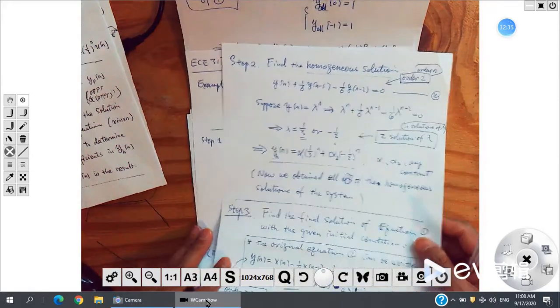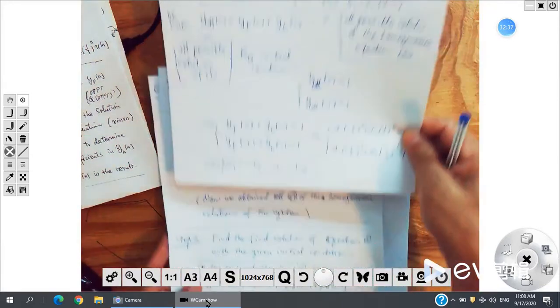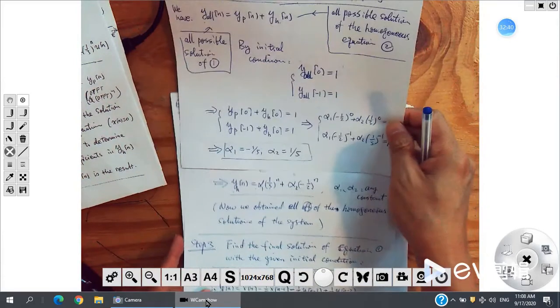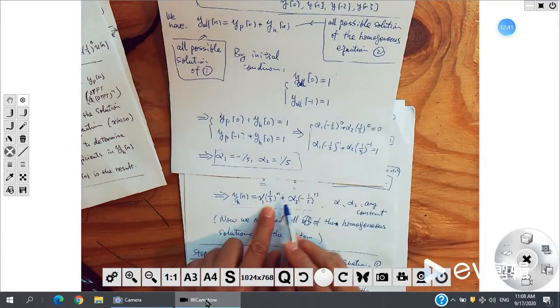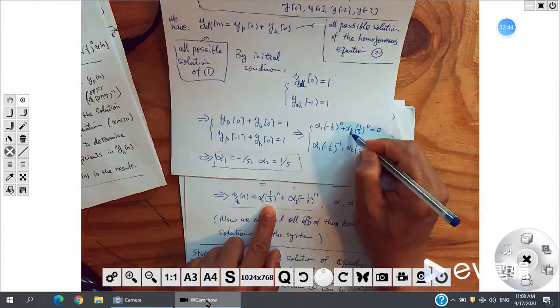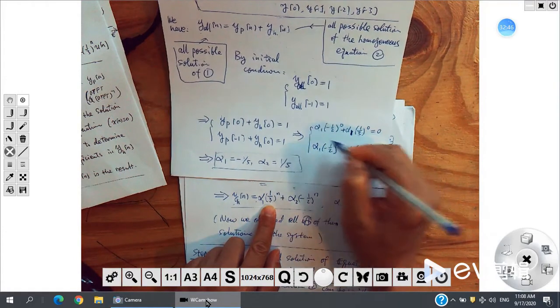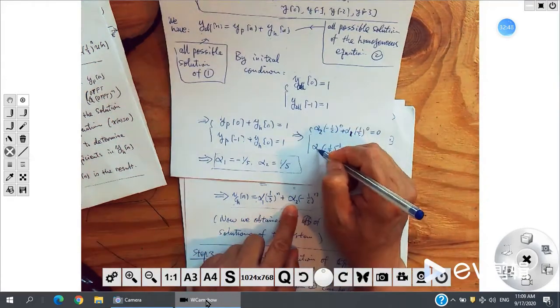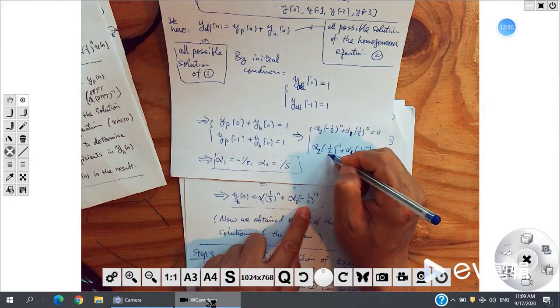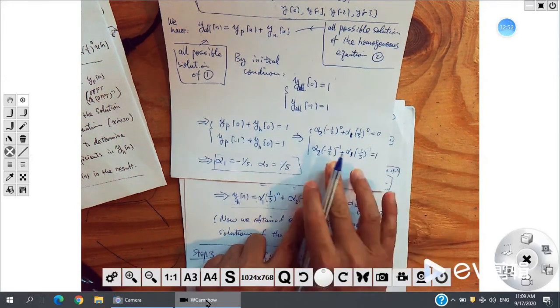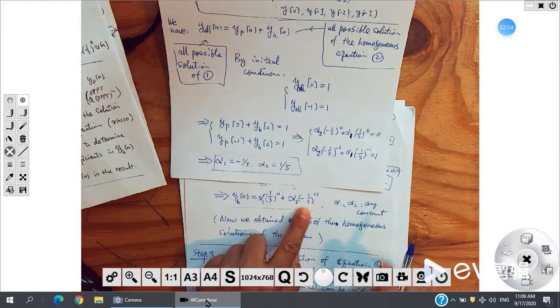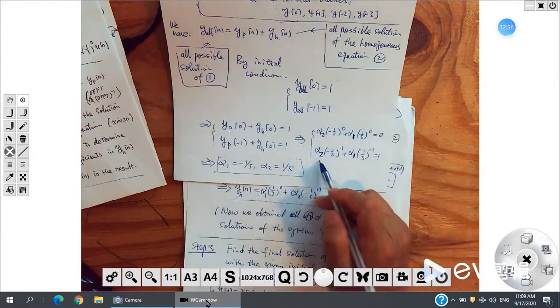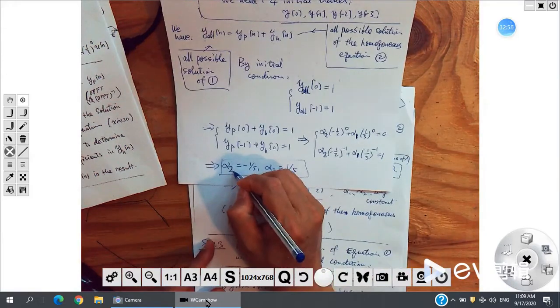We will reverse the order. Alpha 1 is the coefficient of 1/3, so this is alpha 1, and alpha 2 is the coefficient of negative 1/2. Last time I reversed the order. So it should be this one. Then this is alpha 2, this is alpha 1.